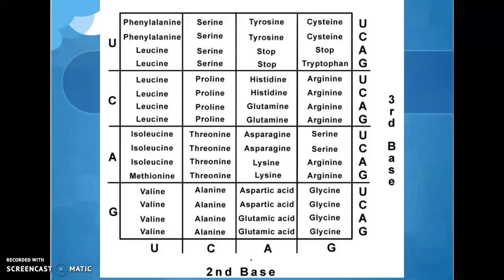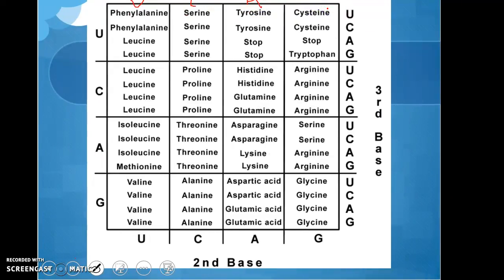So yours might be a little bit different in the fact that up here it has these things. All right, so I like to use my fingers to figure this out. So let's say I am using an A. I need to figure out A, C, U. That's what I'm doing.